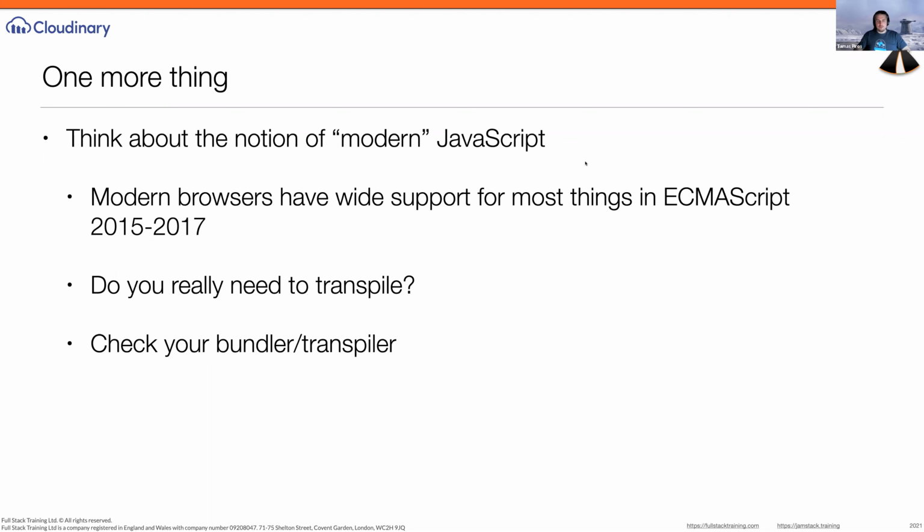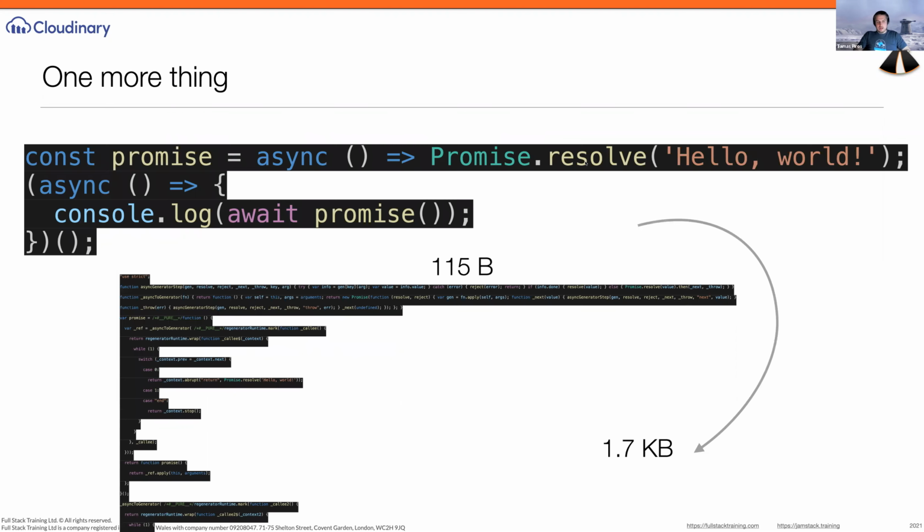And one example that I created, and I didn't even know how to fit it to the slide, is that the code that I wrote, which is 4 lines and 115 bytes, which is just a promise that resolves to something, got transpiled down to that many lines of code, and now my JavaScript bundle is 1.7 kilobytes for no apparent reason.